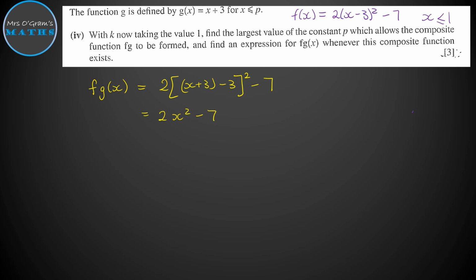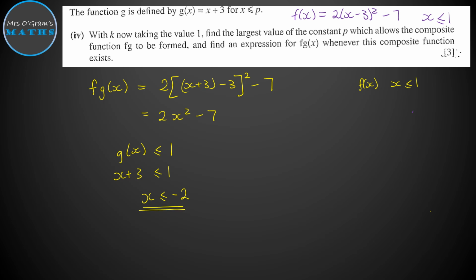Now for f, we're told that the x values have to be less than or equal to 1, which means all of our answers from g must be less than or equal to 1. So g of x is not allowed to get more than 1. So if we substitute x plus 3 in for g of x, x plus 3 must be less than or equal to 1, therefore x must be less than or equal to minus 2. So there's the restriction that we need.